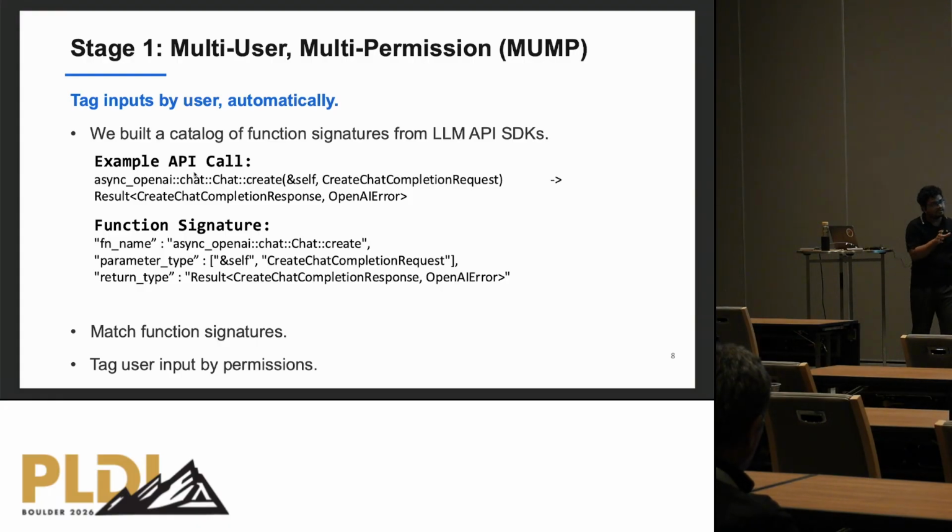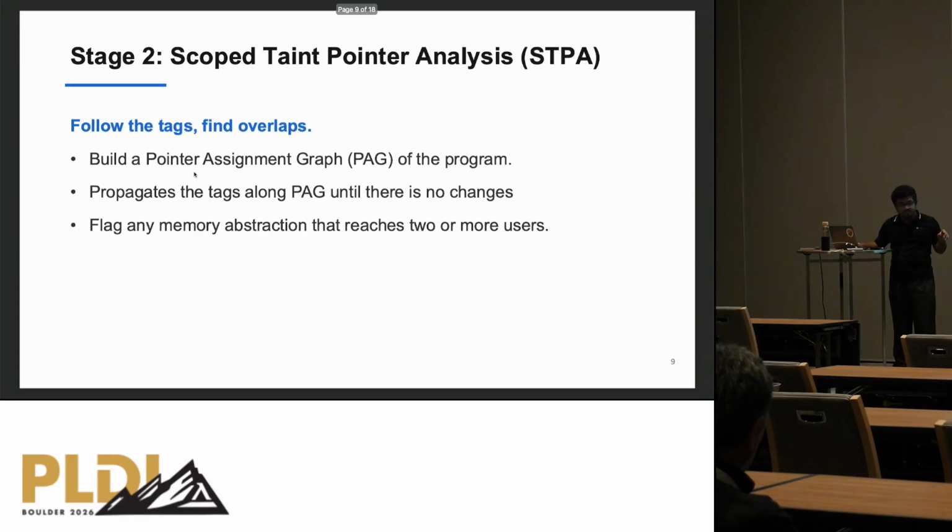If we find that this is an LLM API call or something we need to take care of, for example, it is using a shared Redis environment or shared database, we can identify those functions using the function signatures, and we also tag each user's input by their permissions and access levels. So this is the first part, where we are tainting all of the user inputs and permissions.